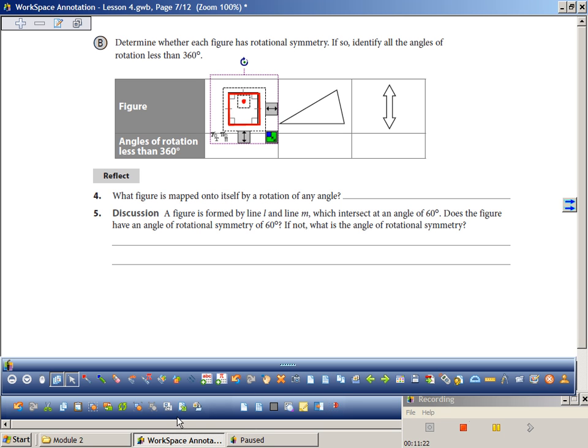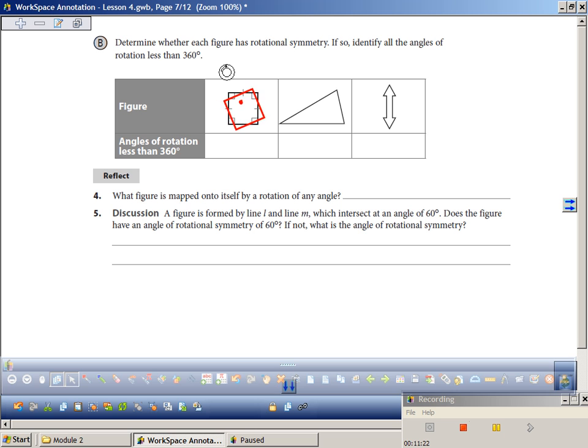Let's rotate it. So I'm at 90. See my little circle guy on the side right there, and then what am I at? Hold on, I have to start over, because I lost it. Okay, let's try this again.